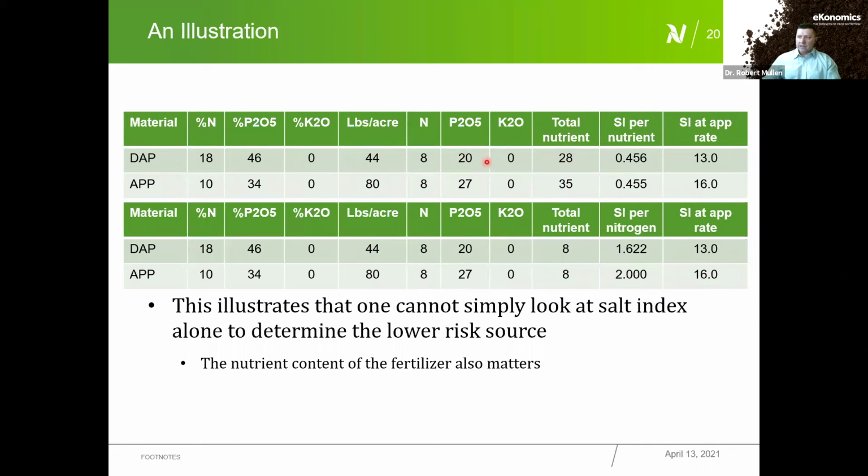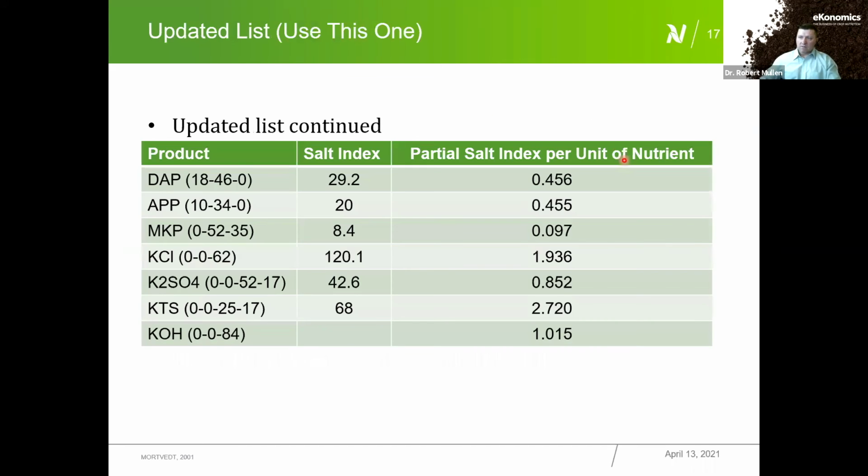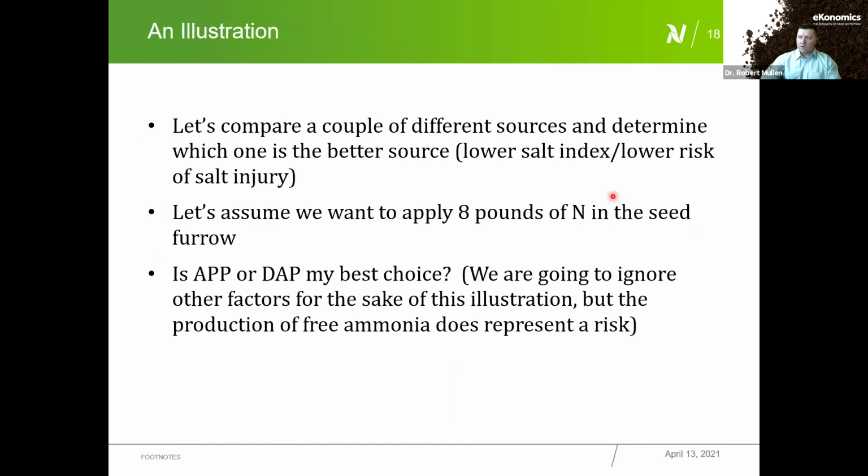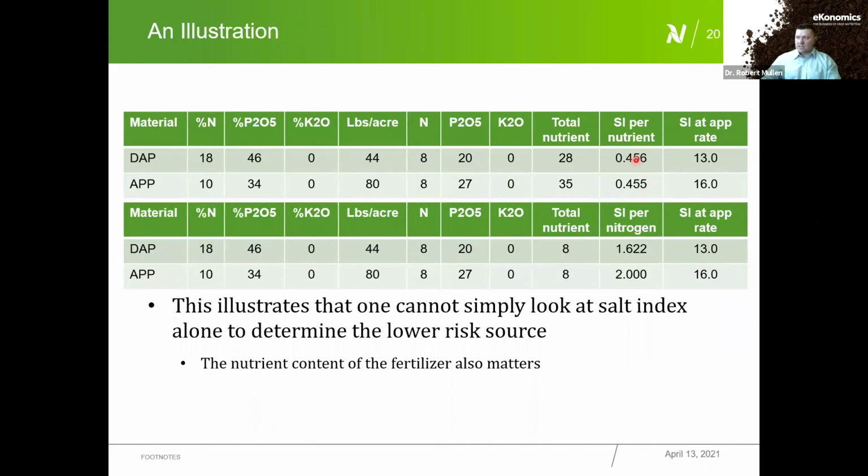The total nutrient is the sum of 8 plus 20. It has to be taken into account because I'm doing the total nutrient approach. So essentially what you do is that 0.456 came from this table. DAP has a partial salt index of 0.456, and APP has a partial salt index of 0.455. That's where those numbers come from.